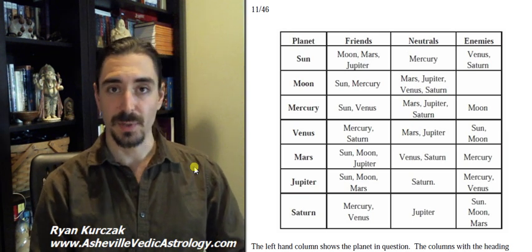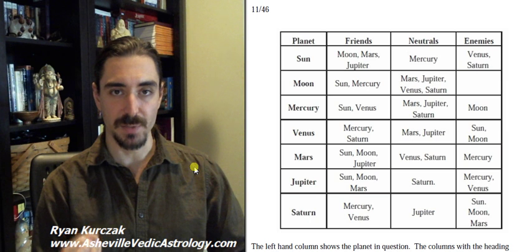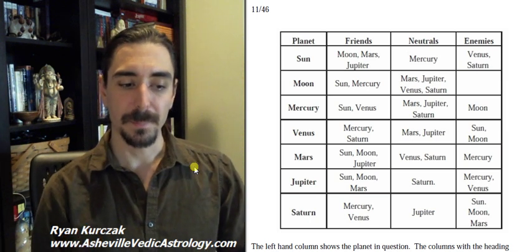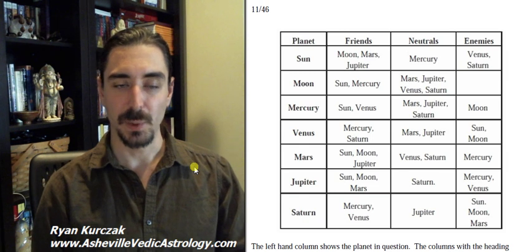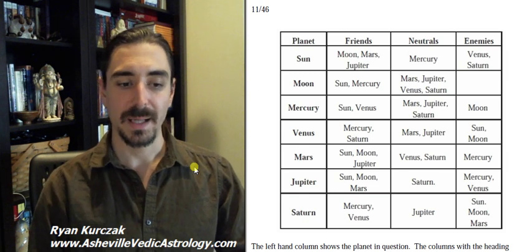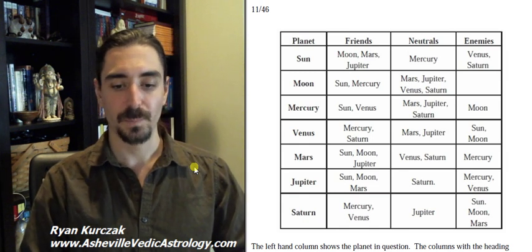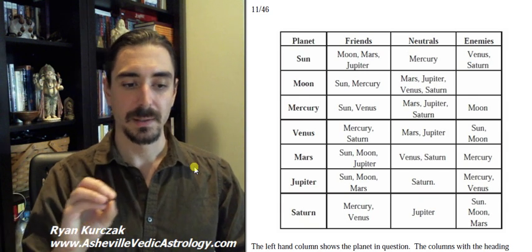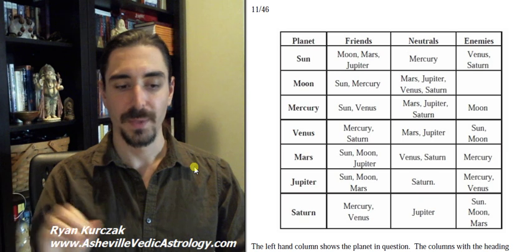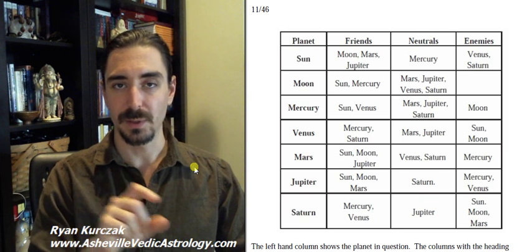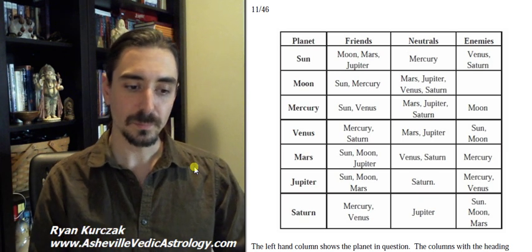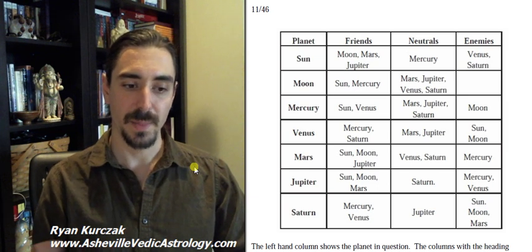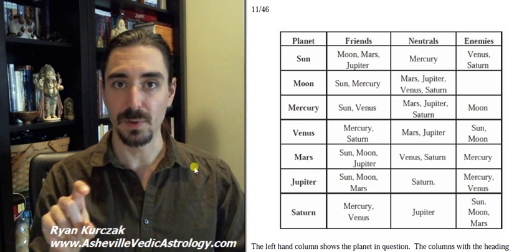Now, there are a lot of things you have to consider to see specifically how it's going to affect the house that it's in. But if you want a general idea, we need to look at the dignity. And if you've ever seen some of the books where it gives this planet in this house, or second lord in the fifth house, and then it gives positive influences and negative influences, well, this is where you want to start to use dignity, because if the planet's in good dignity, then you would primarily look at the positive influences.